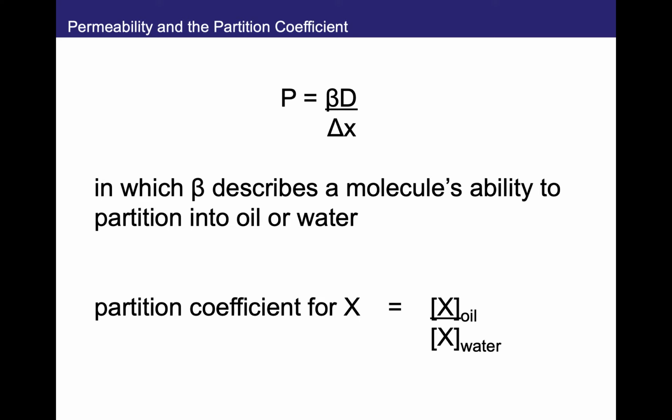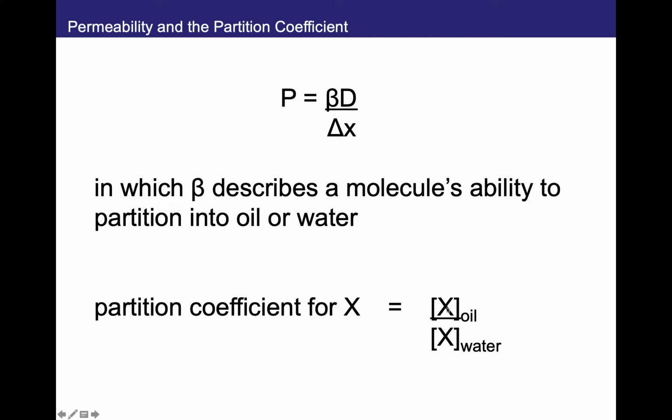Okay, so what is the partition coefficient? How do we think about that? The partition coefficient for any substance is basically the concentration of that substance in oil over the concentration of that substance in water. So here's how to think about it. If that molecule prefers to be in oil, prefers to be in a lipid environment, then this concentration is going to be high.